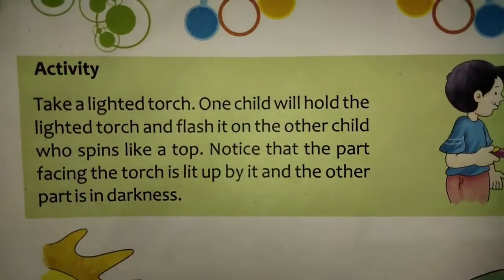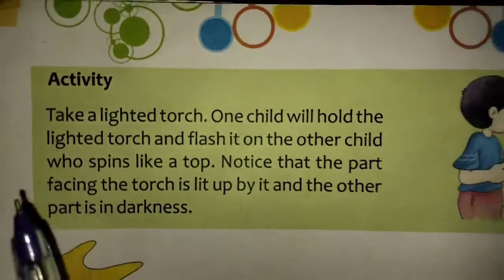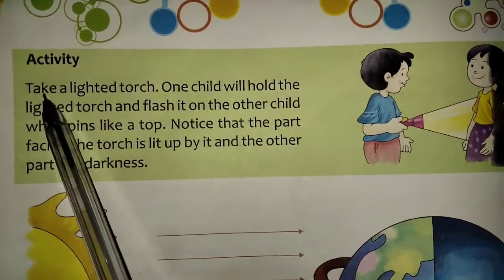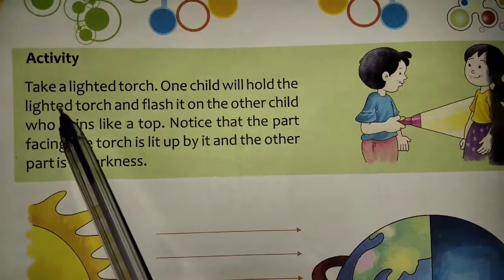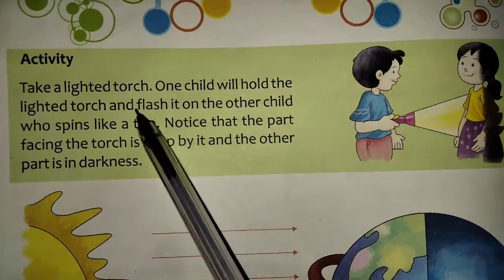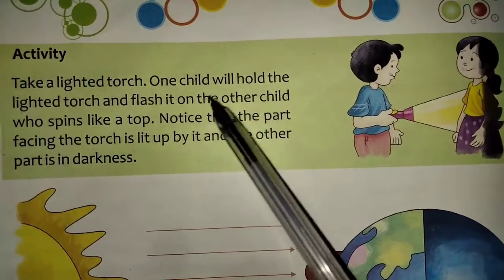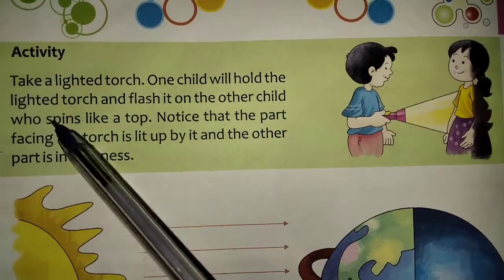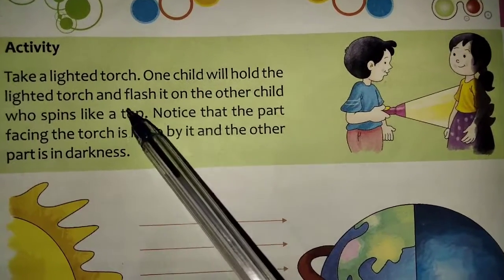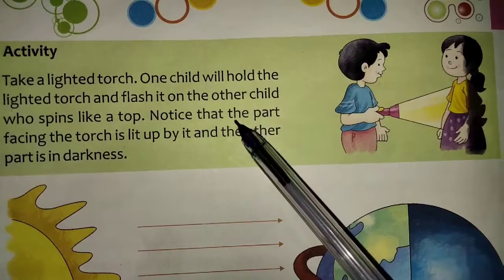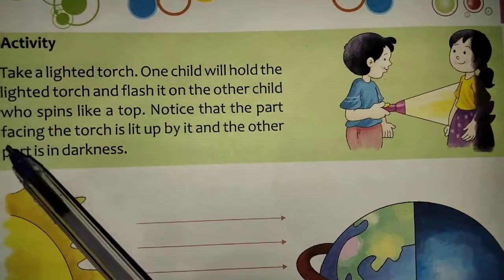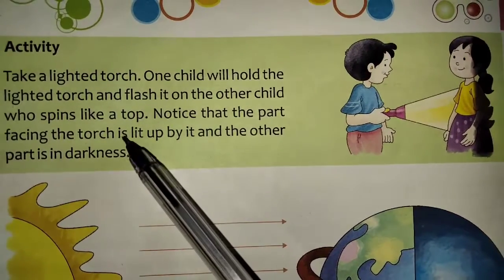Now see on the page number 90 children, there is an activity. It is the activity: take a lighted torch. One child will hold the lighted torch and flash it on the other child, who spins like a top.